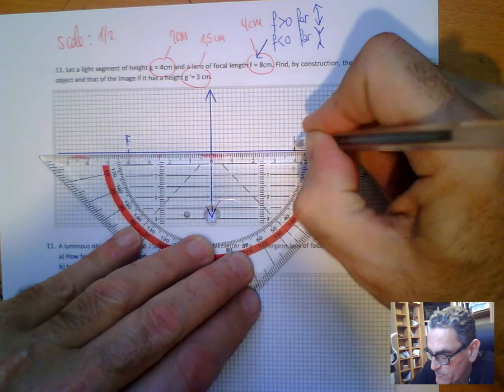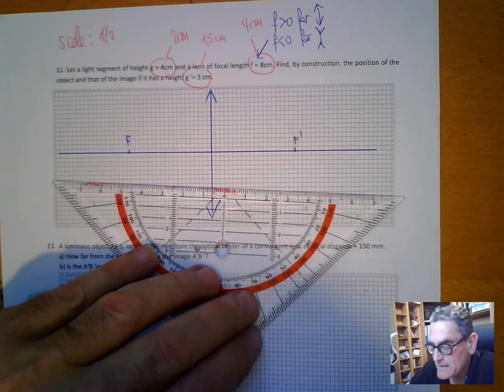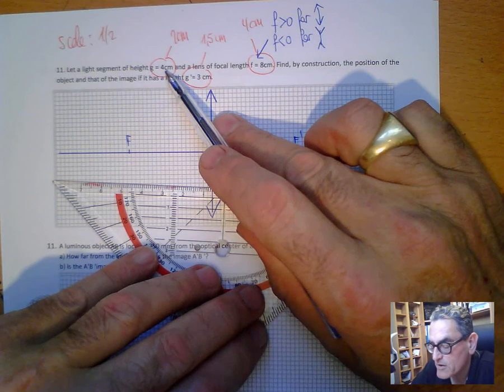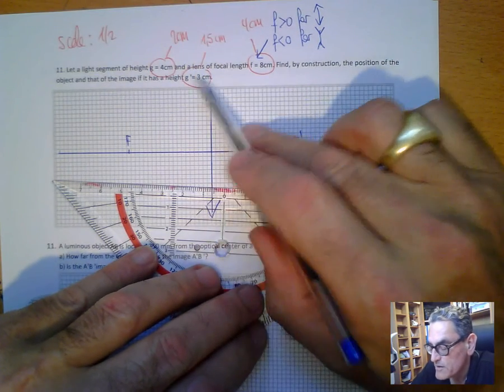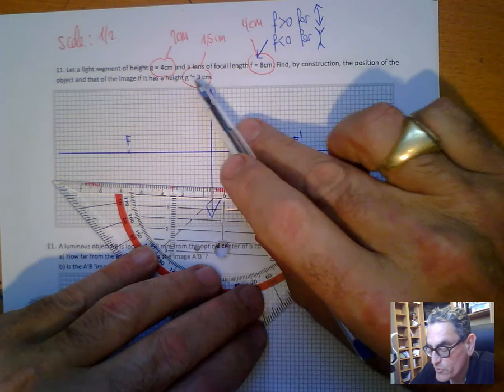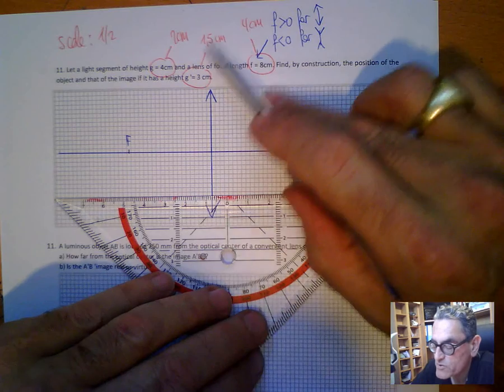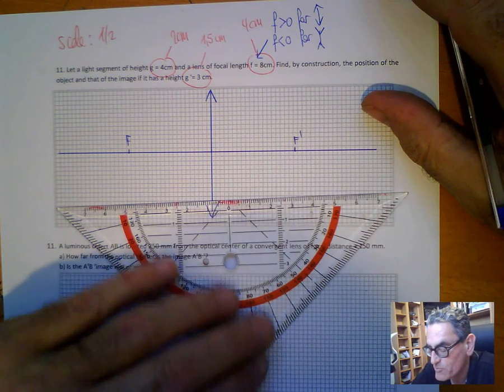This is F, this is F prime. And then we say we have a light segment of height 2 centimeters, and we know that the height of the image is 3 centimeters, so half of it 1.5. How can you find where the object is?